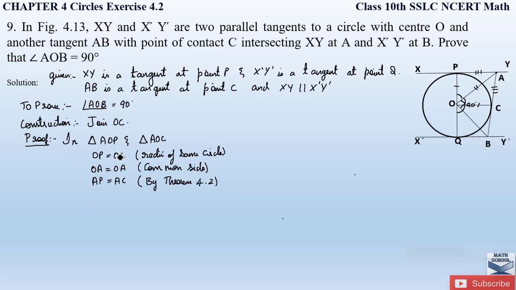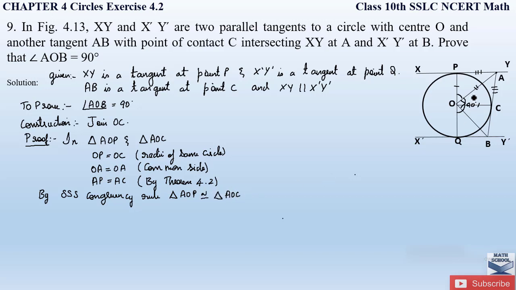Now since we can see that the three sides of these two triangles are equal, we can say that by SSS congruency rule, triangle AOP is congruent to triangle AOC.